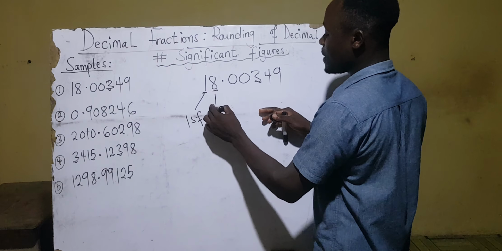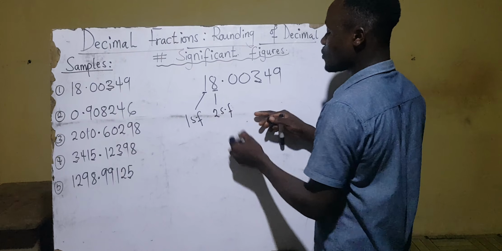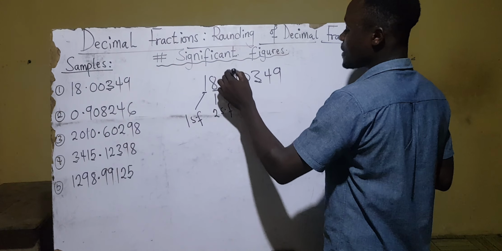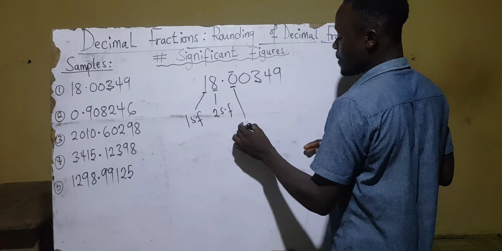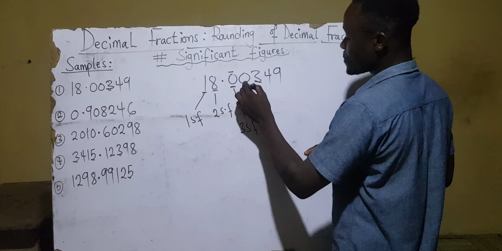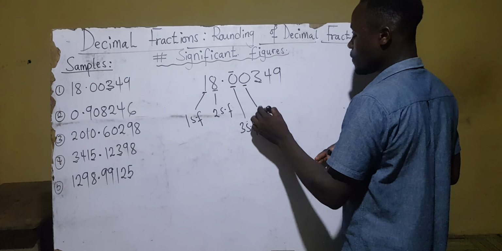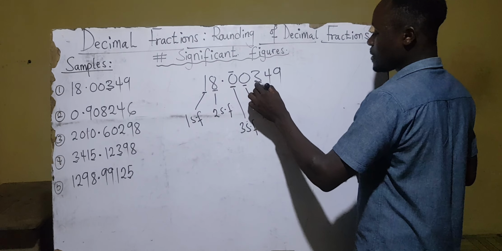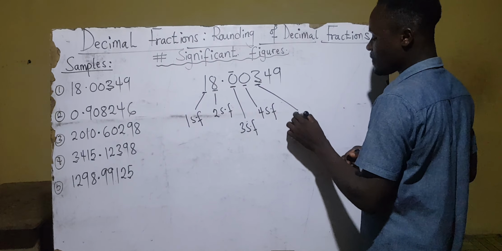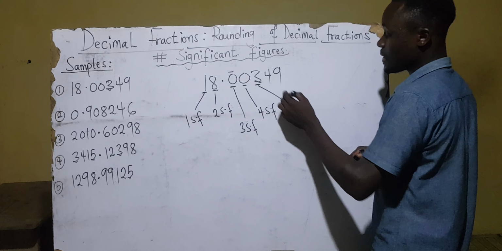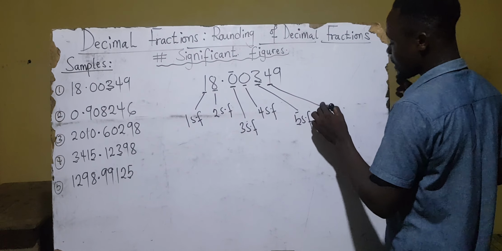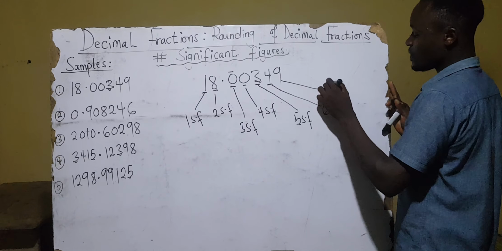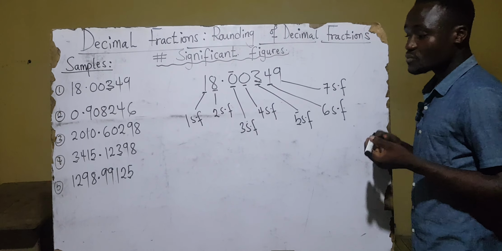The 8 here contains two significant figures. The 0 here contains three SF. Now this 0 contains 4 SF, which is four significant figures. The 3 here contains five significant figures. The 4 here contains six significant figures. The 9 here contains seven significant figures. Are you getting me? Yes.